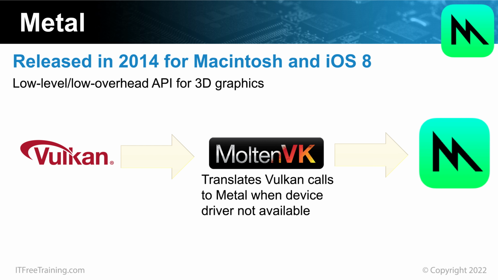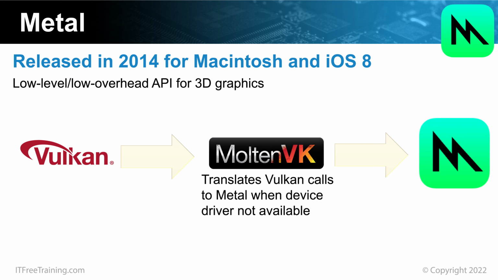In 2018, Valve came to an agreement with the developer of MoltenVK to release it as open source. So essentially, without native device drivers that support Vulkan, MoltenVK provides a workaround to get Vulkan to work on Macintosh OS.